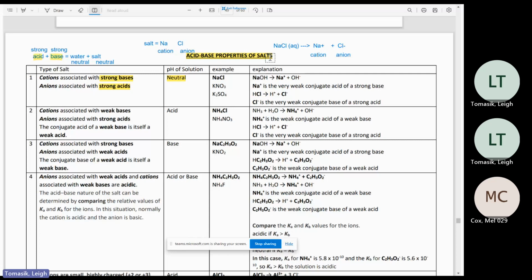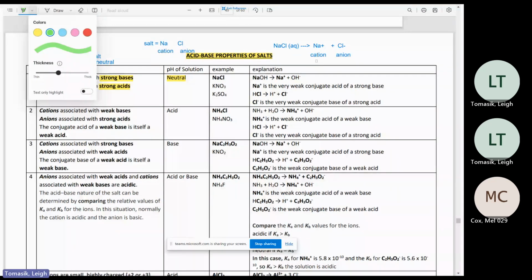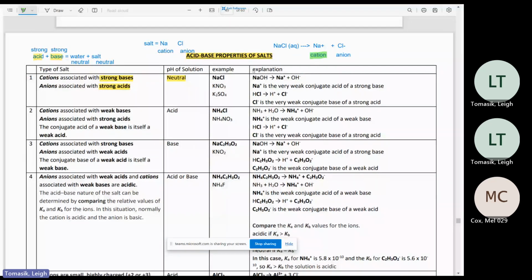So it's always written in the same format, and the thing that becomes a positive ion is always first, and the thing that becomes the negative ion is always second. So when we're talking about cations, we're always looking at the first thing in the ionic compound. And the first thing in the ionic compound is the metal or the first part of the base.